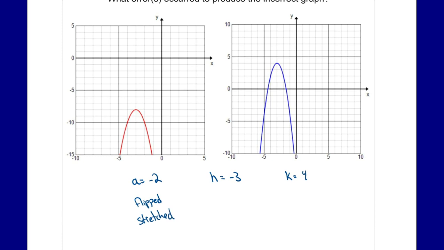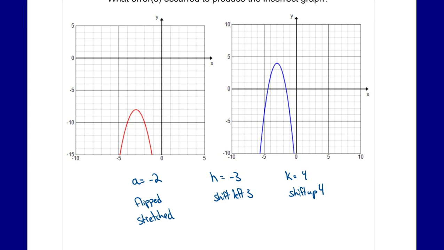I'm not too concerned about stretched by what factor right now; I just know that it's stretched. H of -3 tells me we should shift left, because it's negative, left 3, and K of +4 tells me we should shift up 4. And remember, this is all from our parent function.